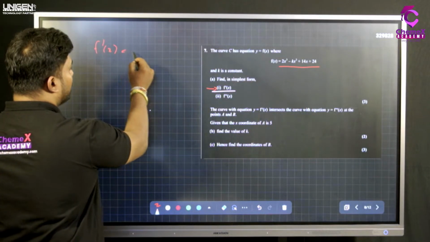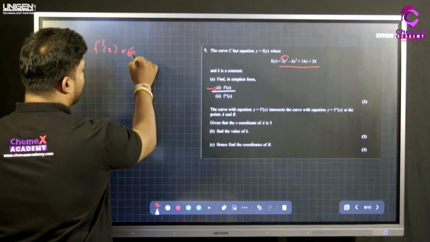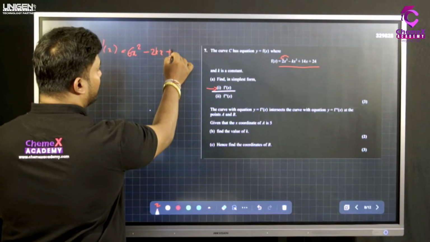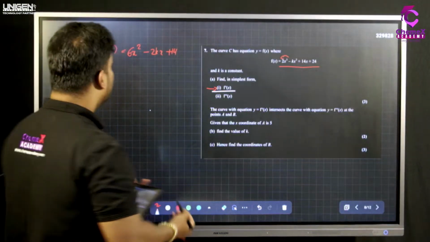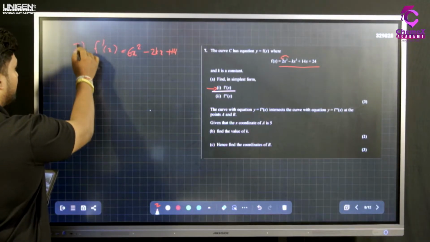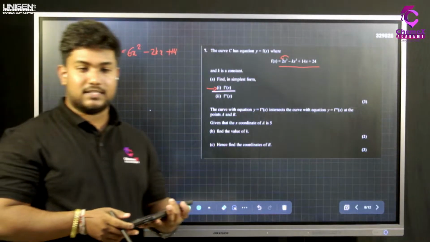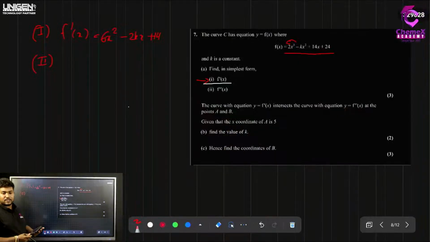So the 3 gets multiplied with the 2, 6. 6x squared minus 2kx plus 14 is the derivative, f dash x. So that's part A. Hope everyone is clear with that. If you have doubts, ask. This is the simplest differentiation question.